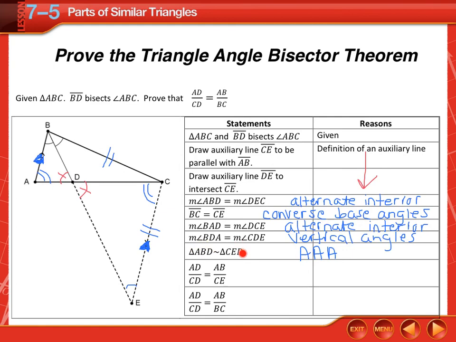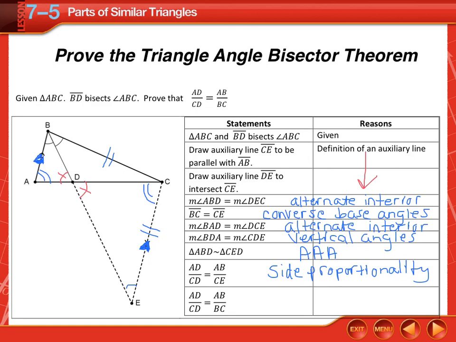AD is to CD, corresponding, as AB is to CE. And the reason for that is just side proportionality of similar triangles.